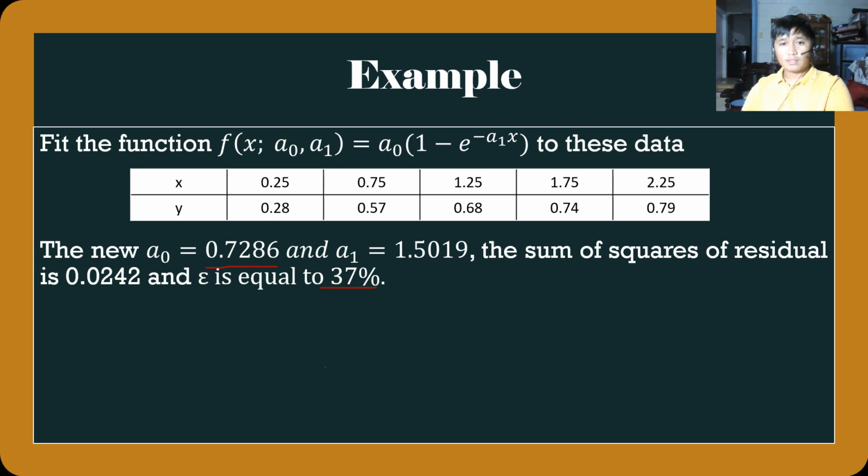Since this problem is dealing with ln 2, the equivalent of that is around 0.6. So this one minus the value of ln 2 over this one, so we can get the error of this value of our prediction a sub 0.